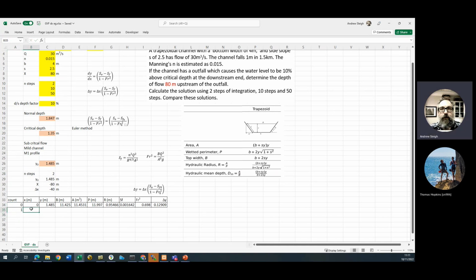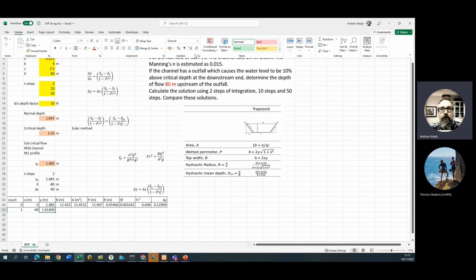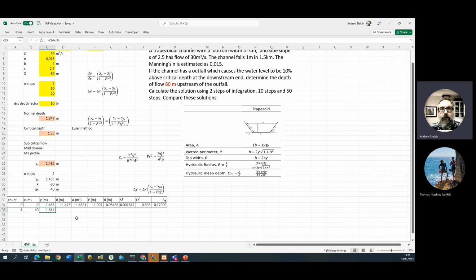Our dx is going to be equal to the one before it plus delta x, and that needs fixing. The y is equal to the one before it plus that new dy. Okay, so it's gone a bit deeper. Let's just fix these decimal places on that, 3 to the millimeter.